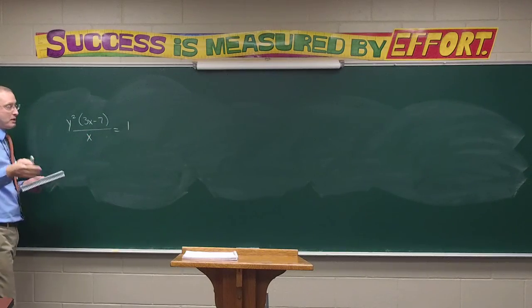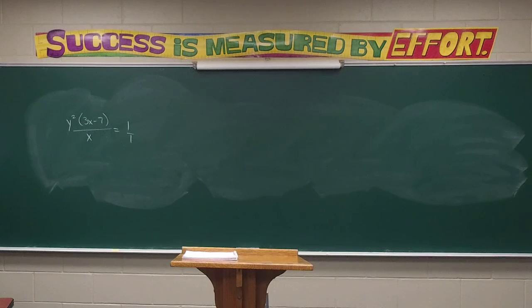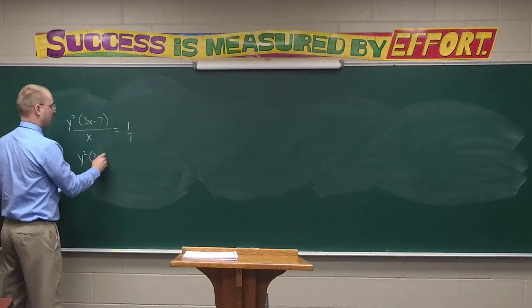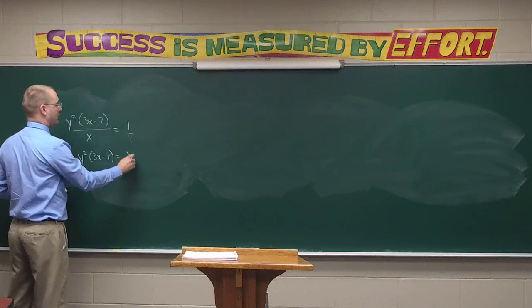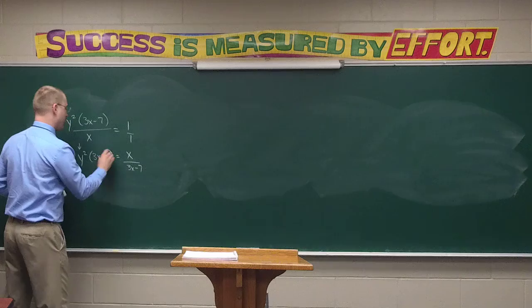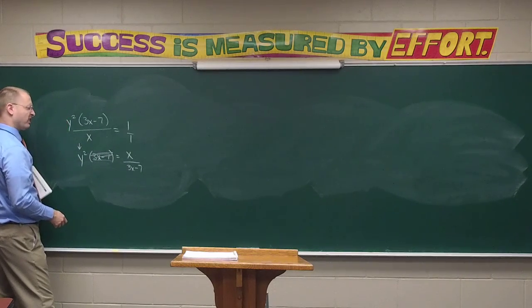And I'm going to do the same thing with you I did with Kendall. Over 1. What do I do to solve? You put them under the same denominator. Cross multiply. Yeah, cross multiply. What do we get when we cross multiply? y squared times 3x minus 7 is equal to x. Now how do I get the y by itself? You divide away the 3x minus 7. And then y squared, you square root it.